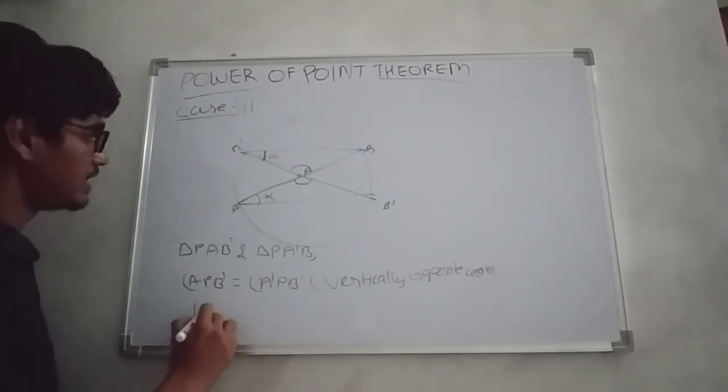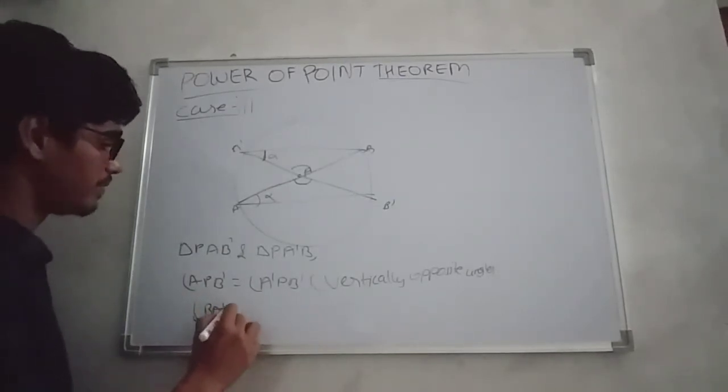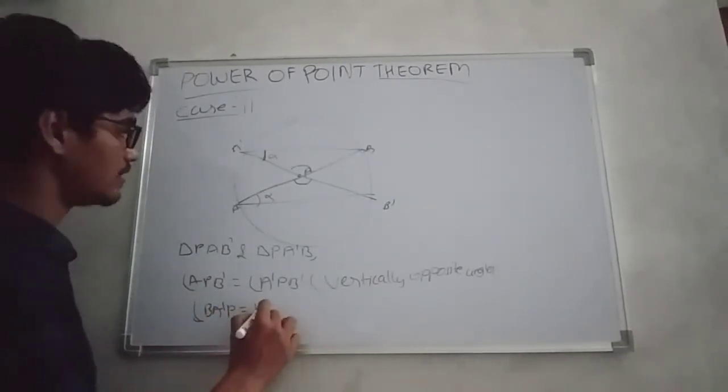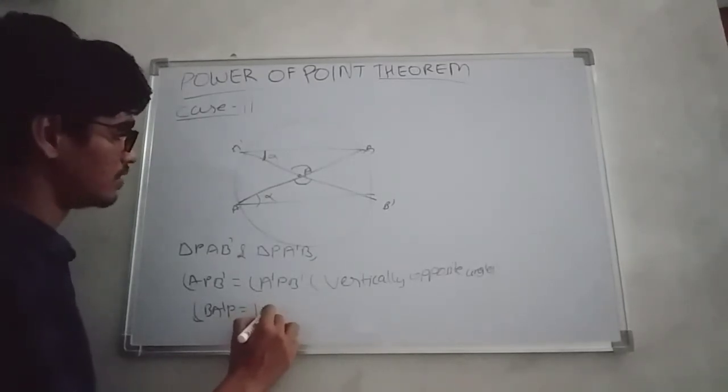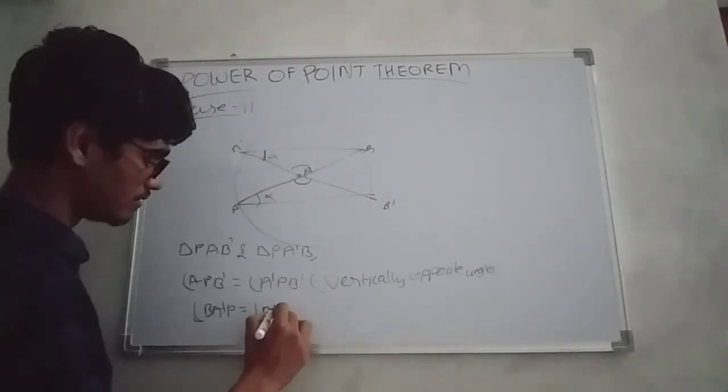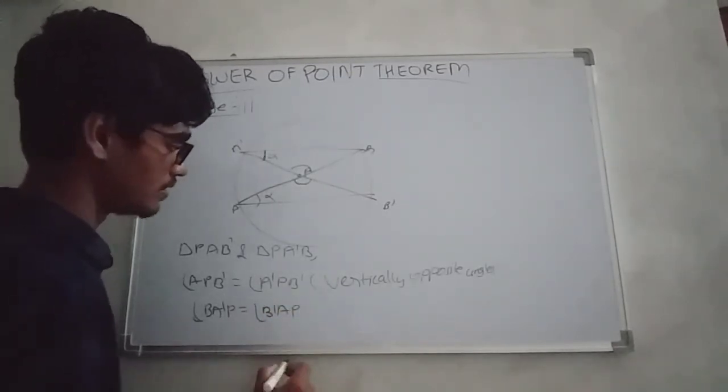Therefore, angle BA dash P is equal to angle B dash AP.